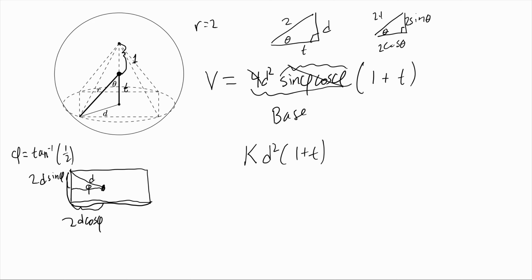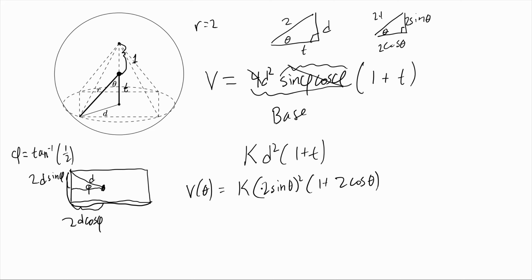So d being 2 sine theta squared times some constant k, 1 plus, and then we have what t is, it's 2 cosine of theta. So we can say this is v of theta where k is some constant.